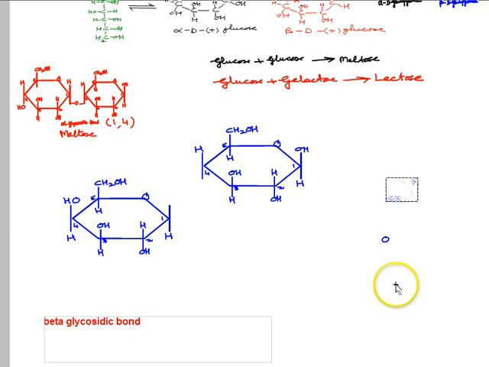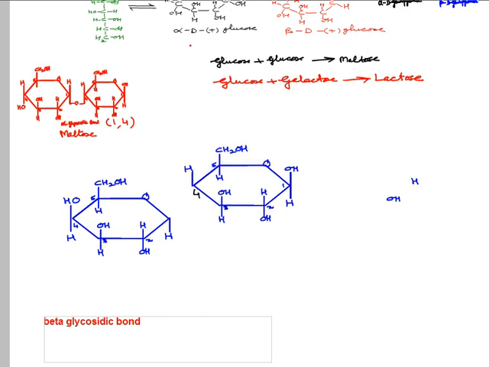So the water is out, and we find both the molecules are attached here with oxygen. So now we join these two molecules here. Here it is with the oxygen. So I write here oxygen. This oxygen forms a bond with the fourth carbon of glucose and first of galactose.